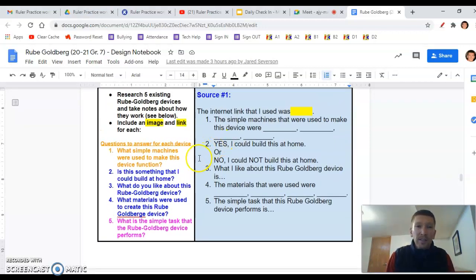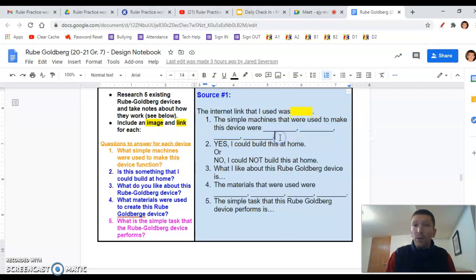For each of these, you need to look up these 5 questions. When you're looking up a video or a picture for a Rube Goldberg idea, the first one is, what simple machines are being used in the research that you're looking at? I have fill in the blank spots here. If there's only 1 or 2 of them, that's okay.